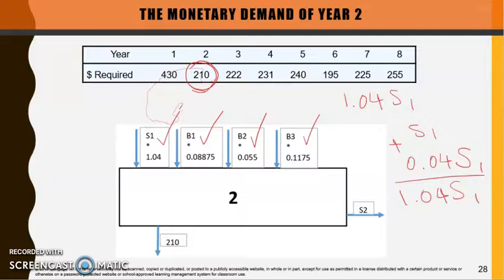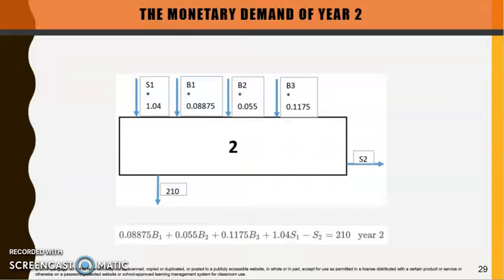And when you have all these things, the math would be something like this.